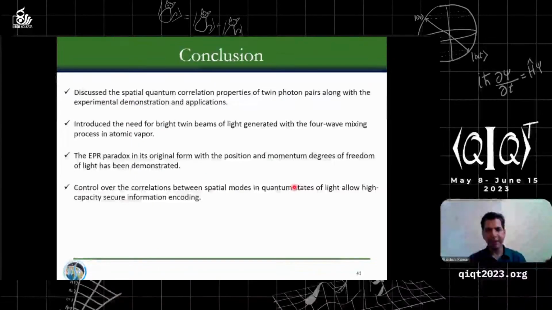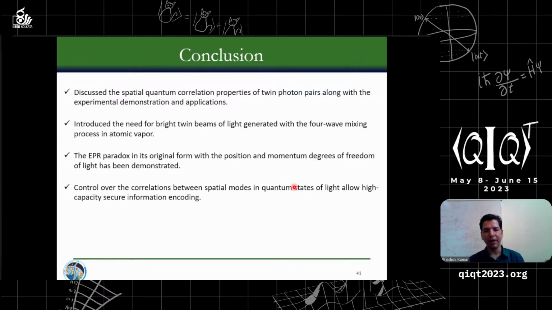So with this, I would like to conclude my talk. What I discussed in the last 45 minutes, I talked about spatial quantum correlation properties. How do we generate those, or how traditionally people have used the SPDC photon source to learn the spatial quantum correlations actually.